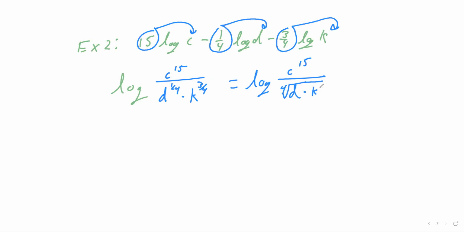I just got to make this a K to the 3rd. If you recall back in Algebra 2, rational exponents are exponent over index. So the top number will be my exponent, and the bottom number is the index of the radical. So this is what they want you to do on your homework.